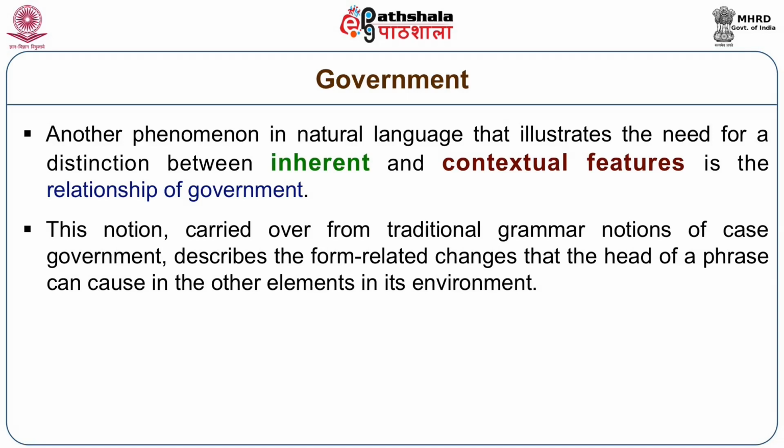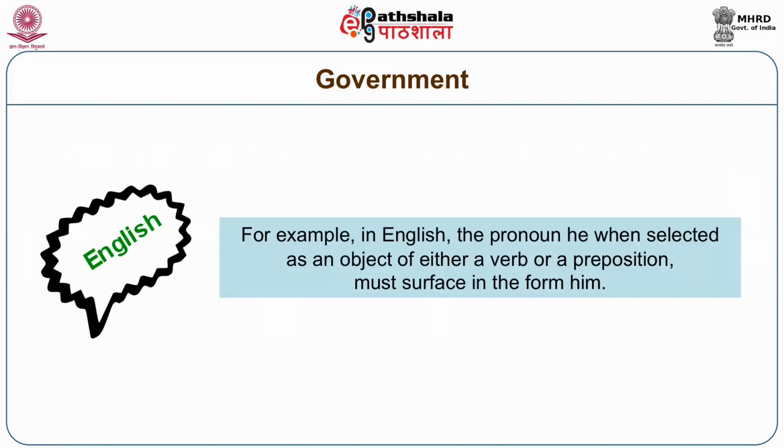Typically, the head of a phrase causes other elements in its immediate domain to change their form. A classic example is the relationship of case in the context of a verb.